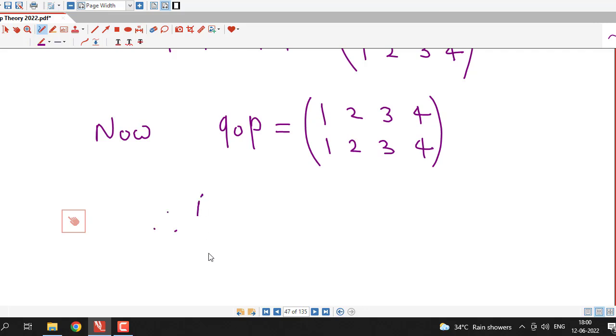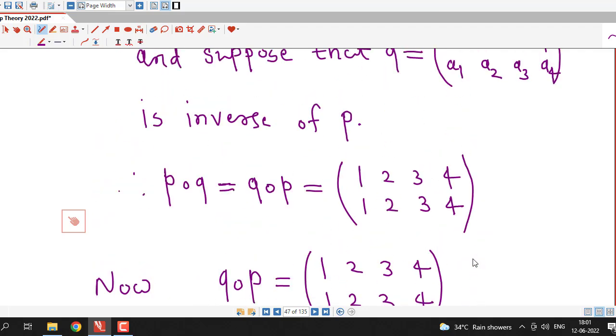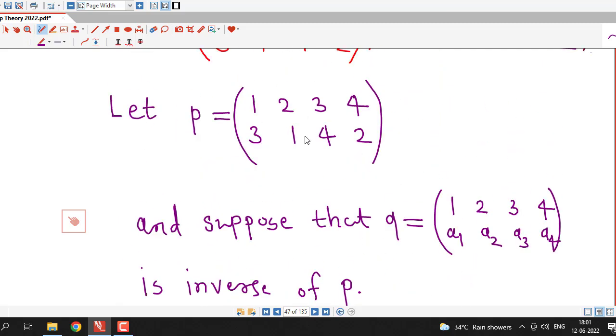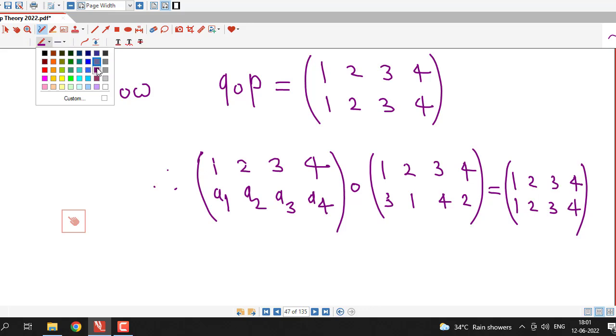So therefore now here we write permutation q, which we have assumed as 1, 2, 3, 4, a1, a2, a3, a4, and here we write given permutation 1, 2, 3, 4, 3, 1, 4, 2, and this is equal to identity permutation 1 2 3 4 1 2 3 4. Now if you recall, in lecture number 8 we have discussed how this operation is defined.